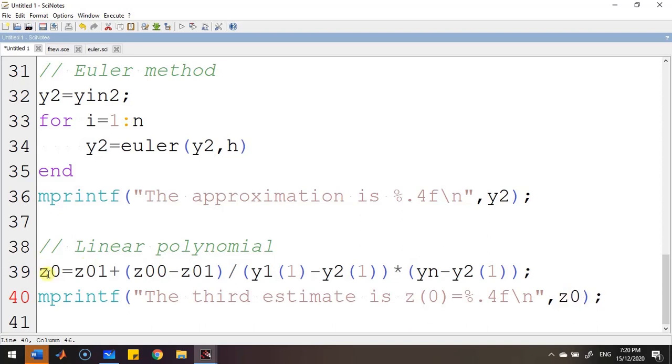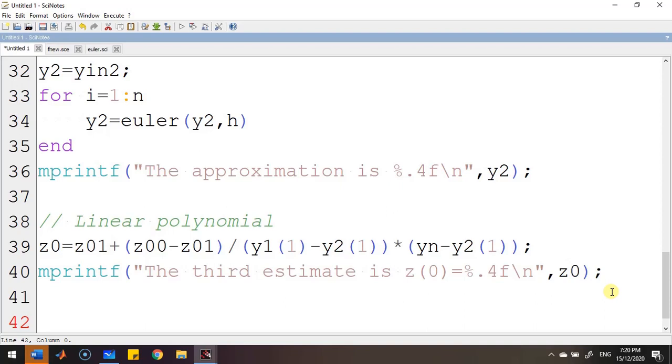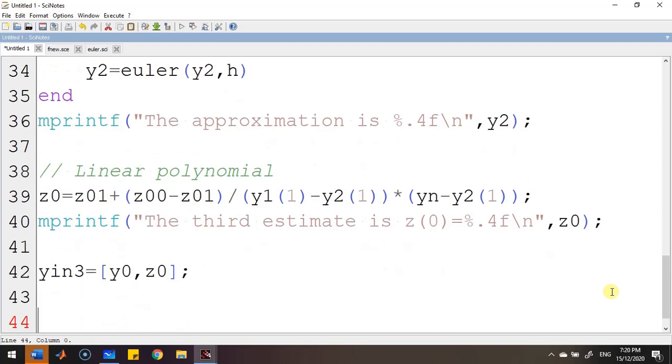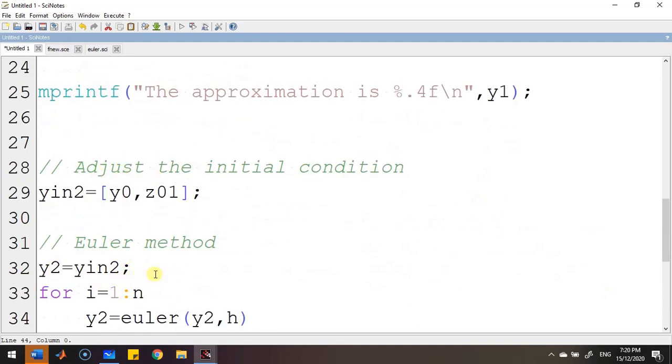This is my third choice of z. Now to check that this is correct, I have y in 3 equals y0, comma, z0. I'm doing it very fast. I'm assuming I'm going to have some error, but I will adjust it later on.